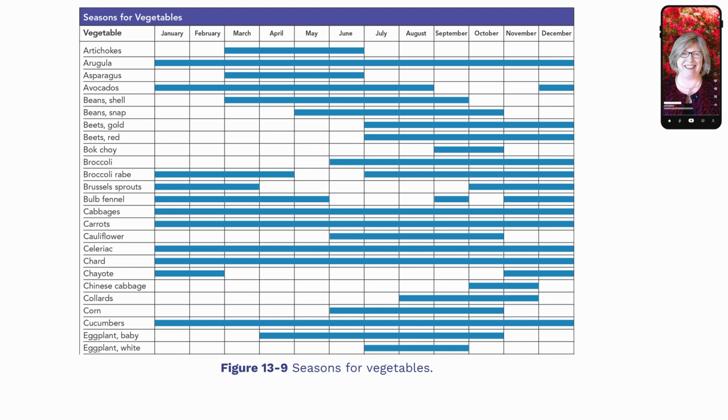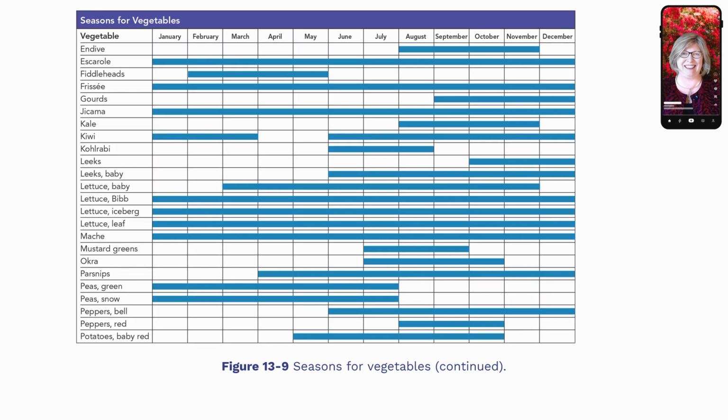Some of the vegetables are in season year-round. And this is important when you're planning menus so that you know if you can plan to have fresh vegetables and fruits in these categories. Of course, you can sometimes purchase frozen or canned, but in terms of fresh vegetables, these are the seasons. And this goes on for another couple figures.